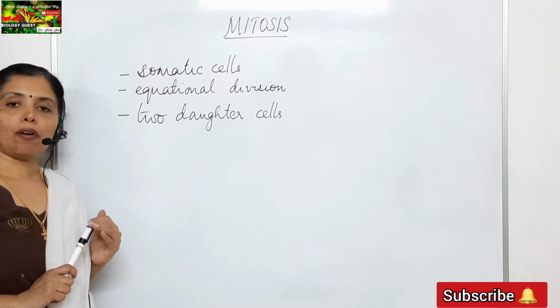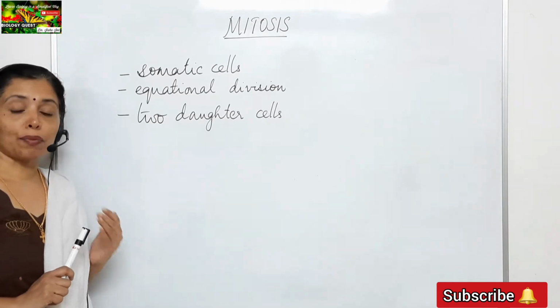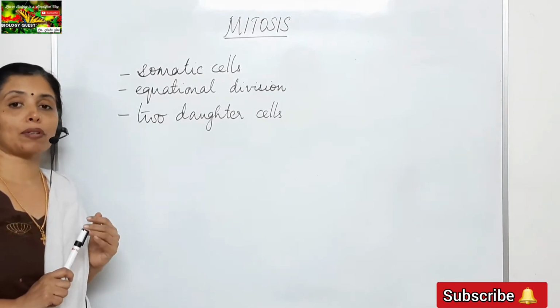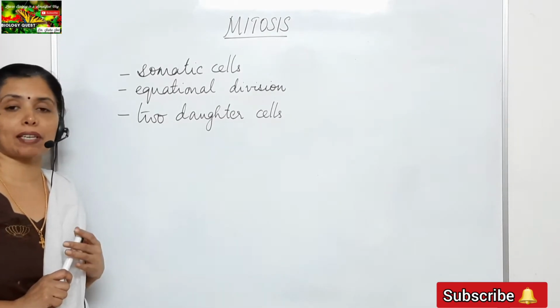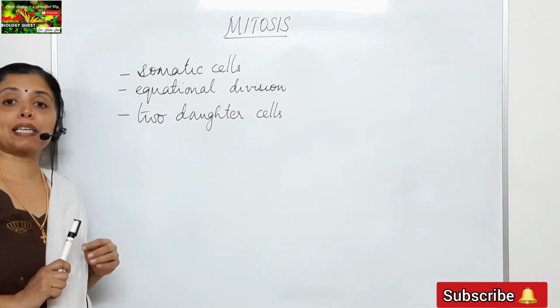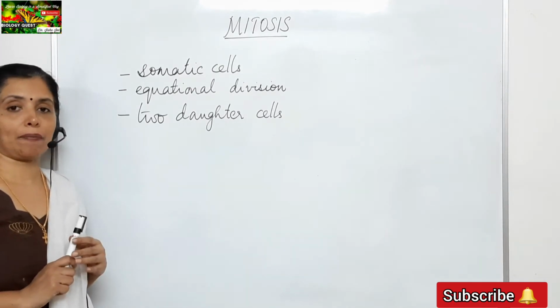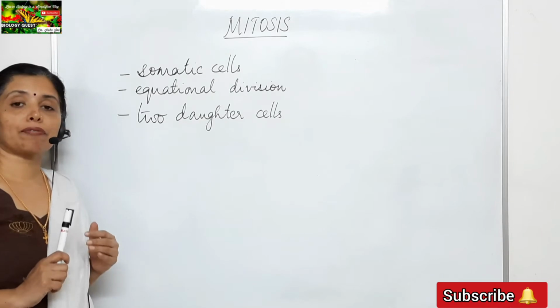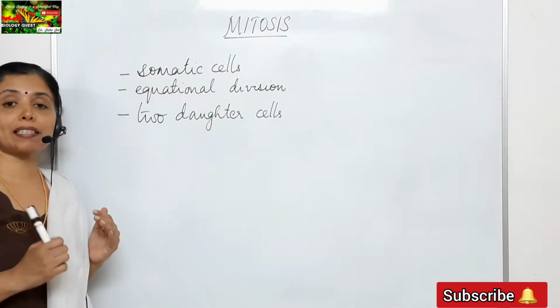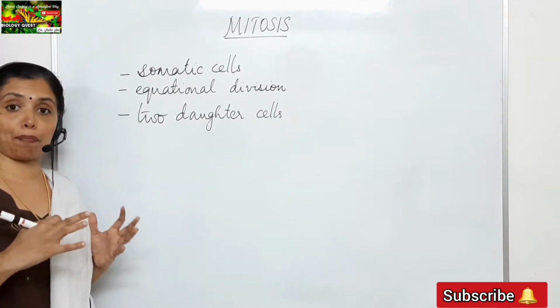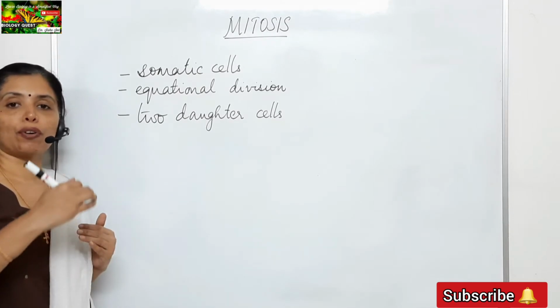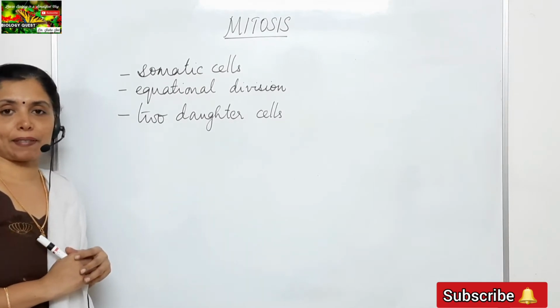Now we have already seen in the previous video, we have discussed interphase. What is interphase? Interphase is the period of growth. It is the period during which the cell prepares itself for the cell division phase.